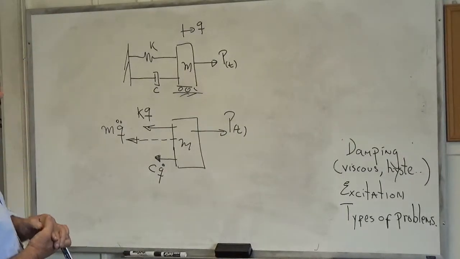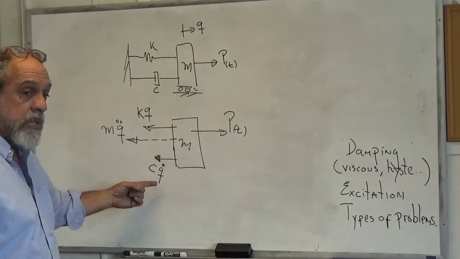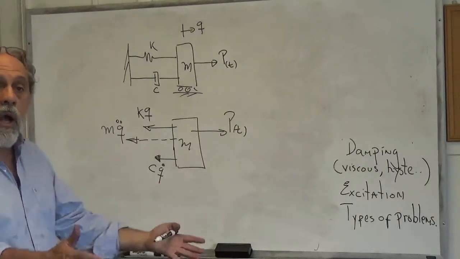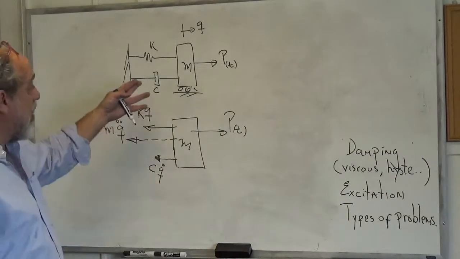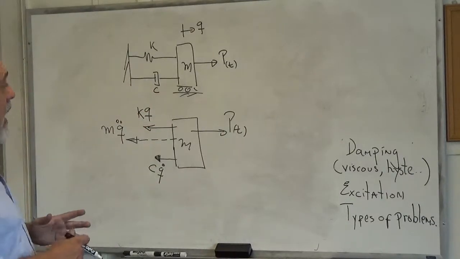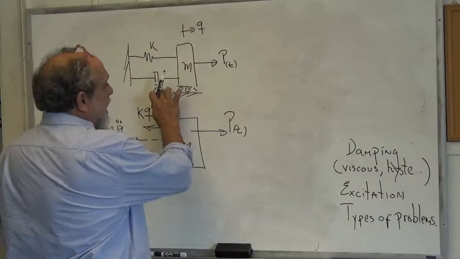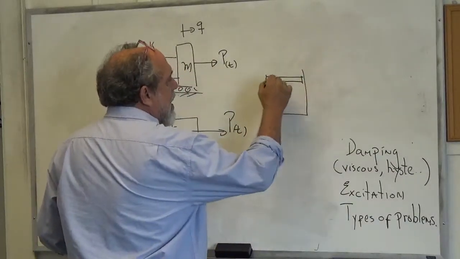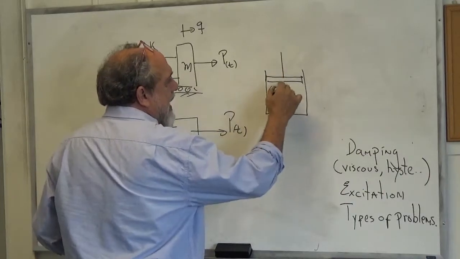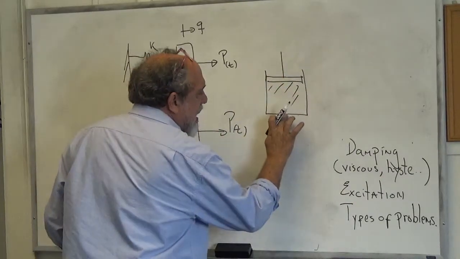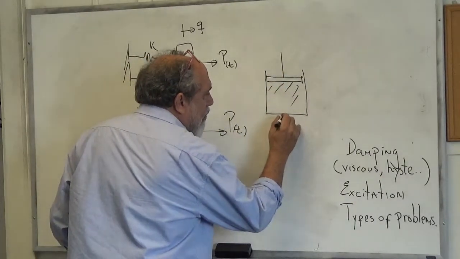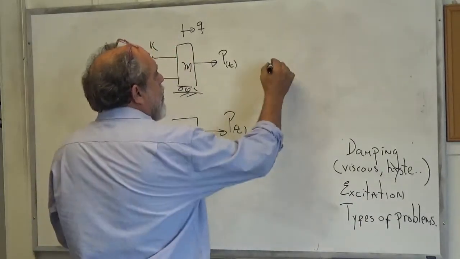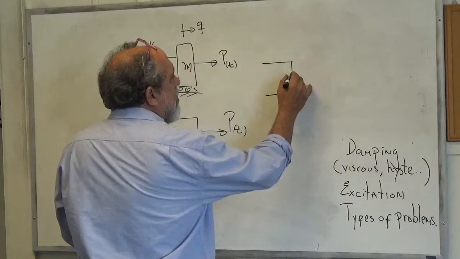Now, there are some cases where you can have dampers that are truly viscous. For example, the shock absorber in a car may be an actual dashpot. In fact, if you have a container with some sort of a liquid, and that container has a small hole from where the liquid leaves, I should have drawn it horizontally so it doesn't look so weird.